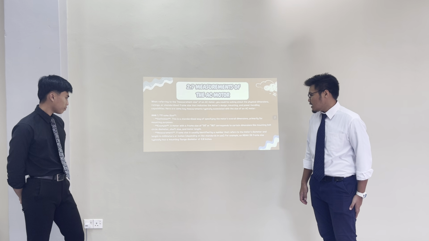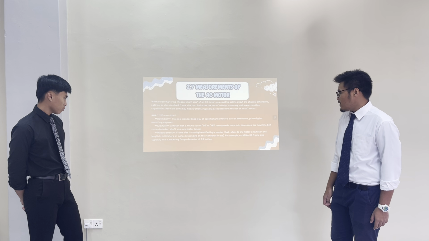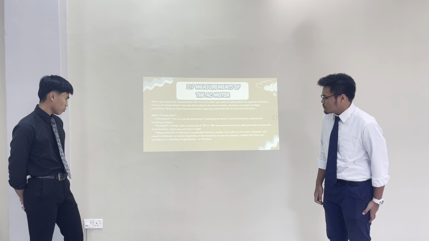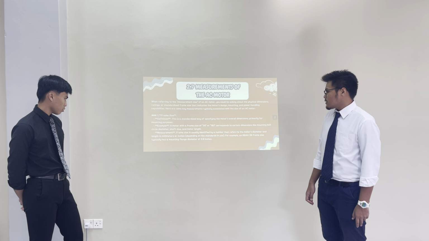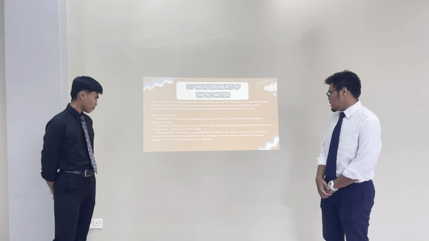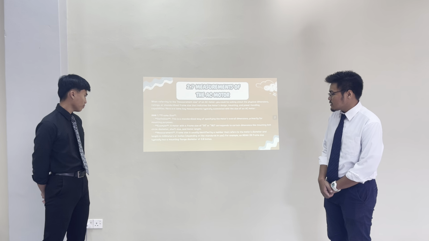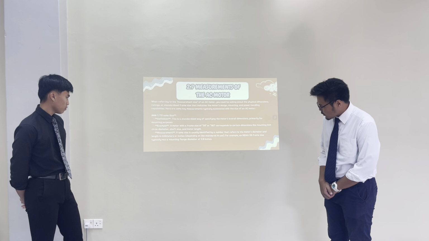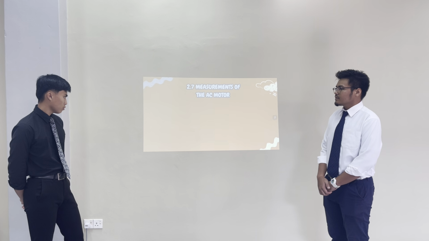Measurement: a frame size is usually identified by a number that refers to the motor's diameter and length in millimeters or inches, depending on the standard in use. For example, a NEMA 56 frame size typically has a mounting flange diameter of 6.6 inches. Next.